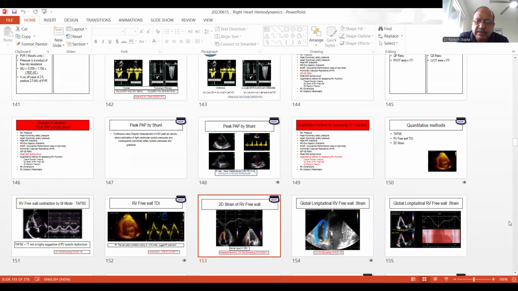Sir, in every echo patient, we should measure TAPSE and RV free wall TDI. Every echo patient. And this recently has been given more importance in stress echo also. Post-stress echo TDI TAPSE is measured to assess post-systolic contraction of the RV free wall. Thank you, sir.